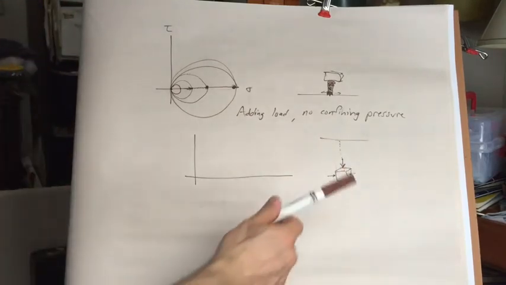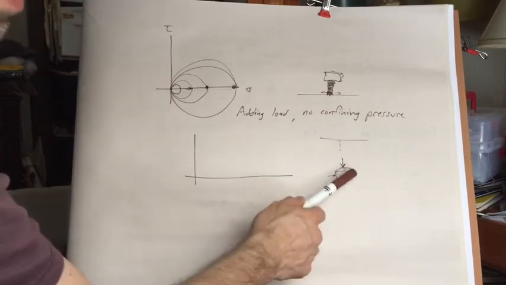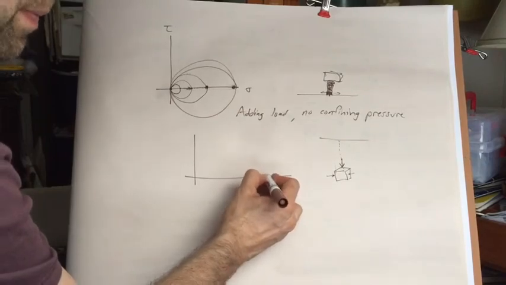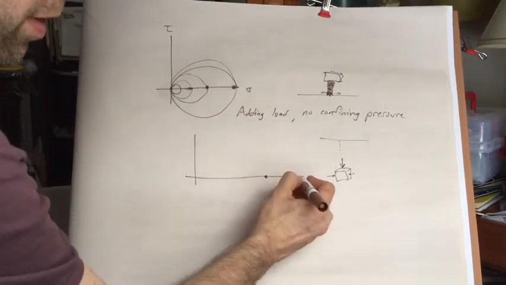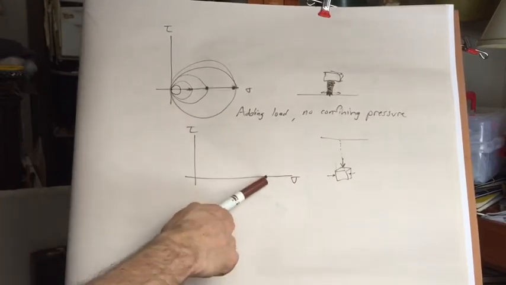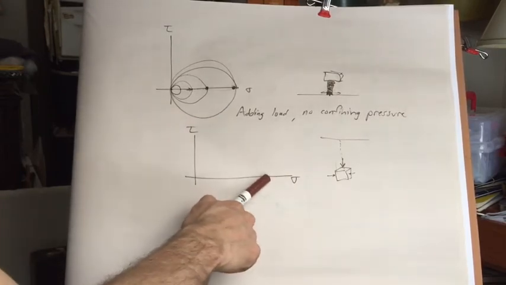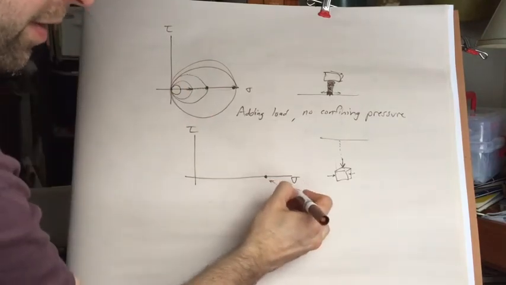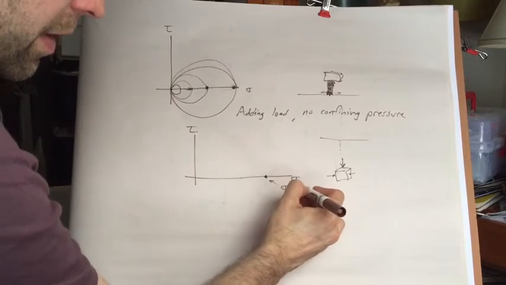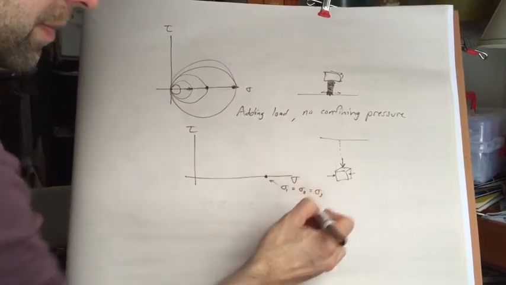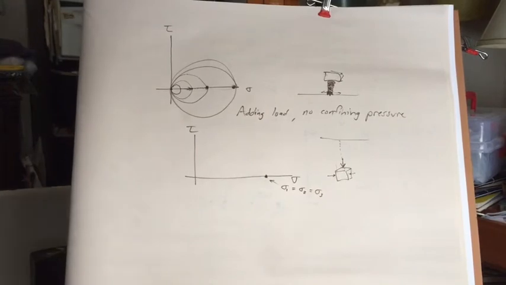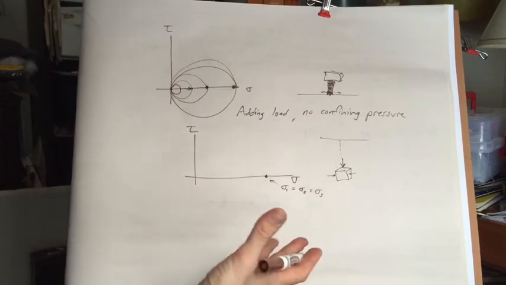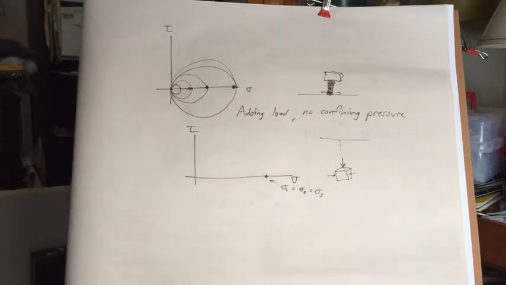So if it's lithostatic stress, when the stress in all three directions is equal, you'd plot on the Mohr diagram somewhere out here. So this would be sigma 1 equals sigma 2 equals sigma 3. So if all those stresses are equal, no plane is feeling any shear stress.